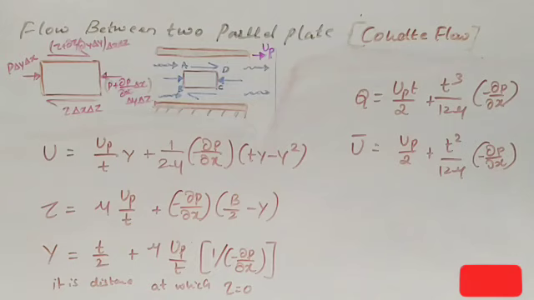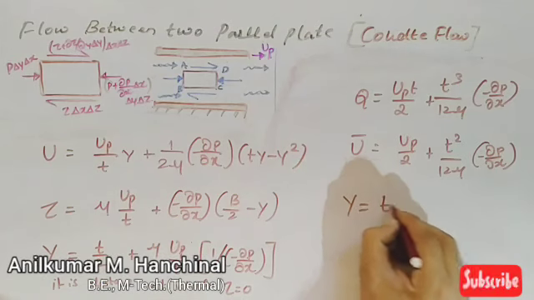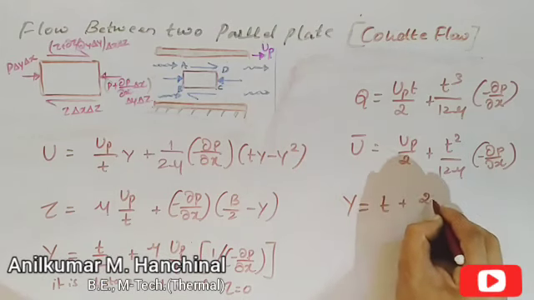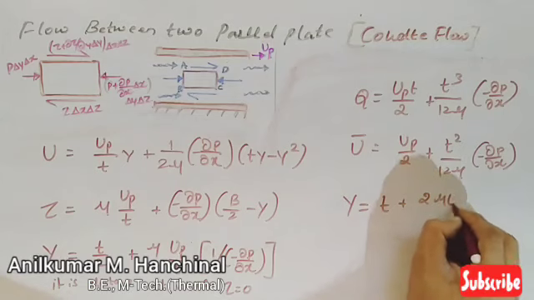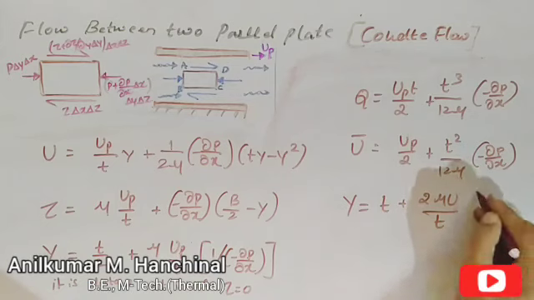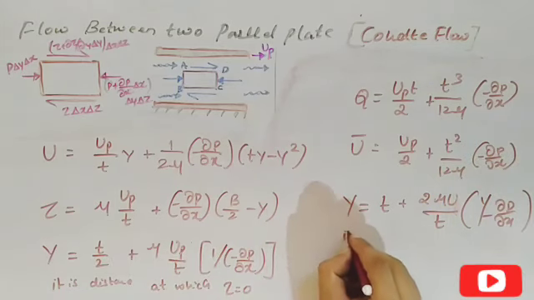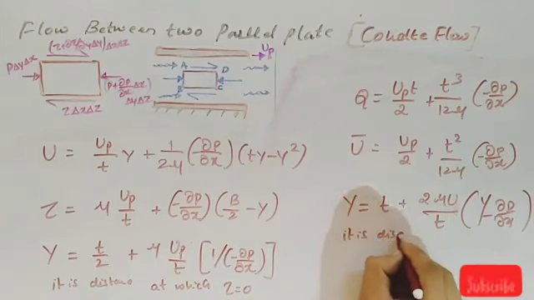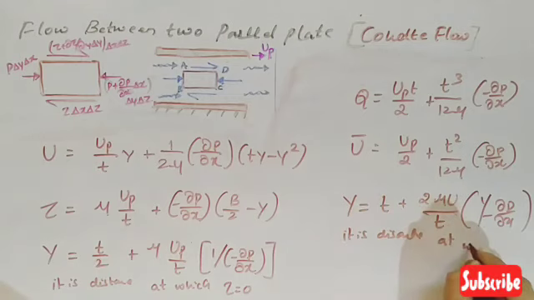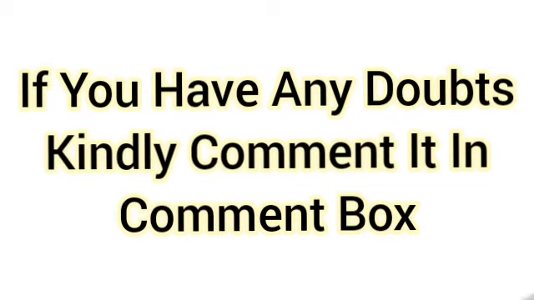Then we have identified the distance at which the velocity is maximum, that is y equals t plus 2 mu u divided by t into 1 by minus dou p by dou x. This is the distance at which the velocity is maximum.